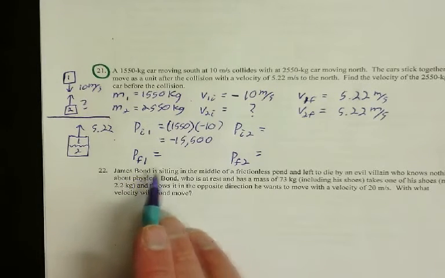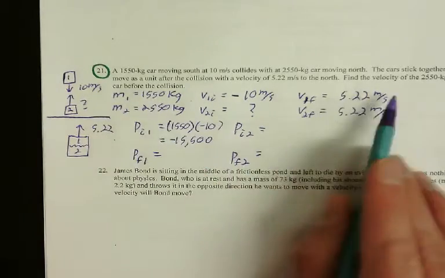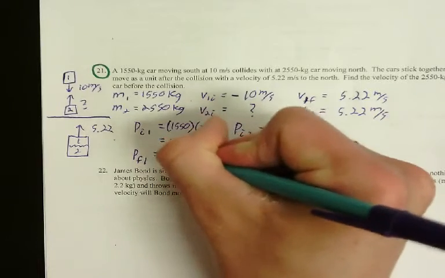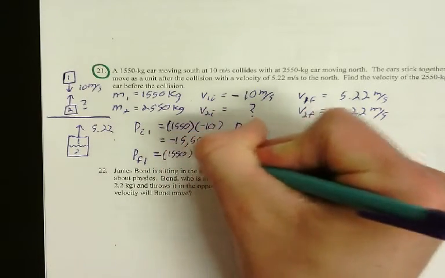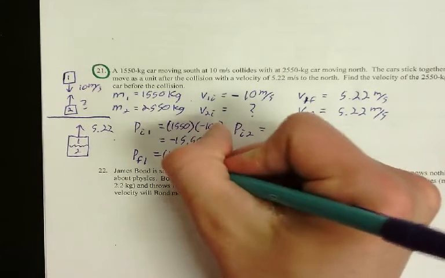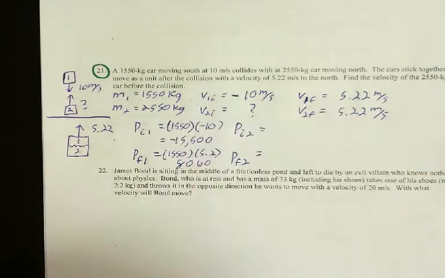So the final of 1 is its mass times its velocity. So 1550 times the velocity at the end, which is 5.2. And when I multiply those together, that gives me 8,060.